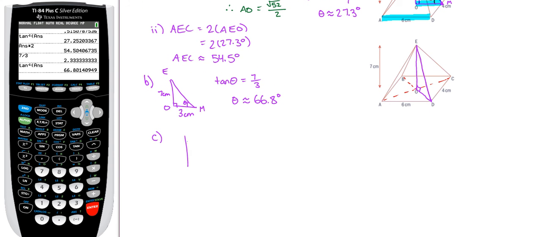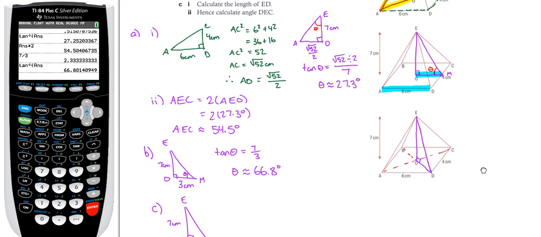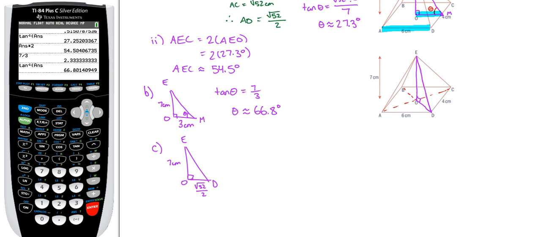So if we draw this little triangle here, we have O, D, and E. So we have 7 centimeters, and we have root 52 over 2. And our angle of interest is, oh no, we're looking for the length of ED. Okay, so if we're looking for a length, we have two sides already. It's a right angled triangle, so it's a case for the Pythagorean theorem. So ED squared is going to be 7 squared plus root 52 over 2 squared.